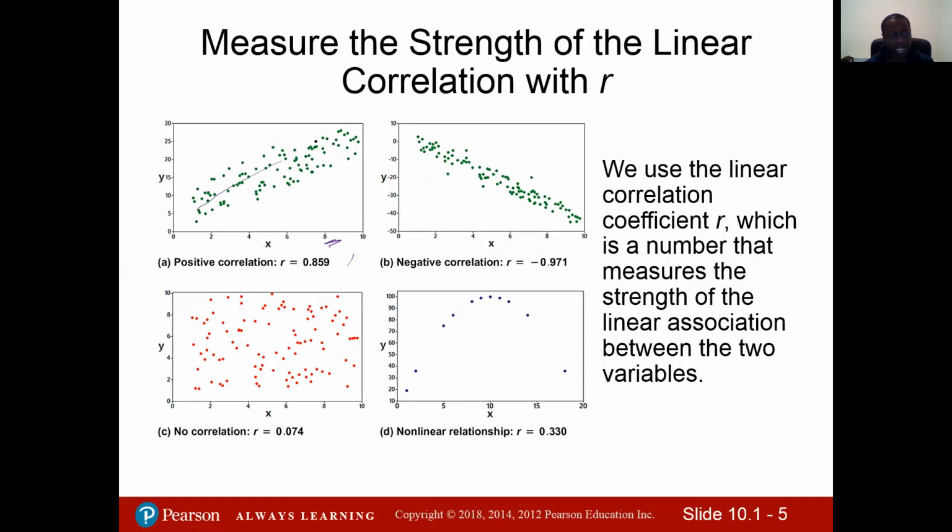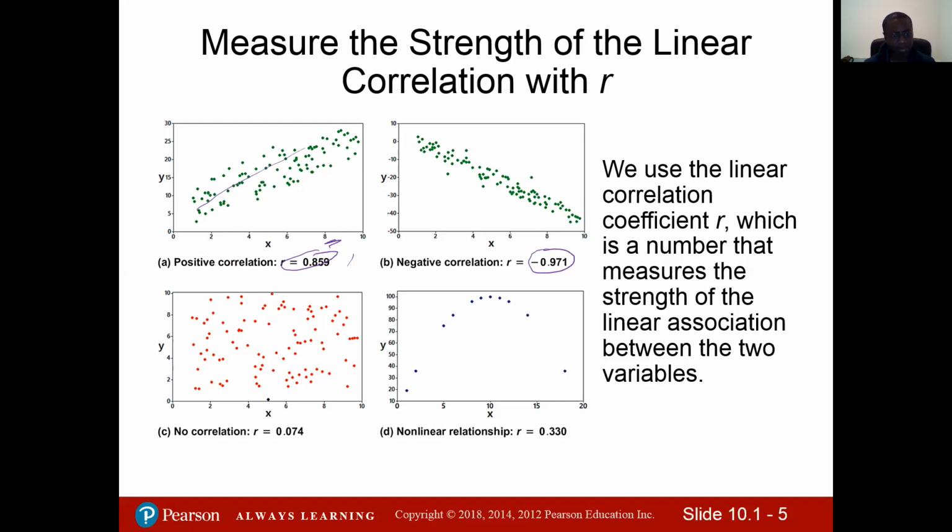There's a pattern that's linear, going up, so the slope is positive, and so this is a positive correlation. When we measure it, this is about 0.859. And then the second one on the top row is a negative correlation, which is quite strong.